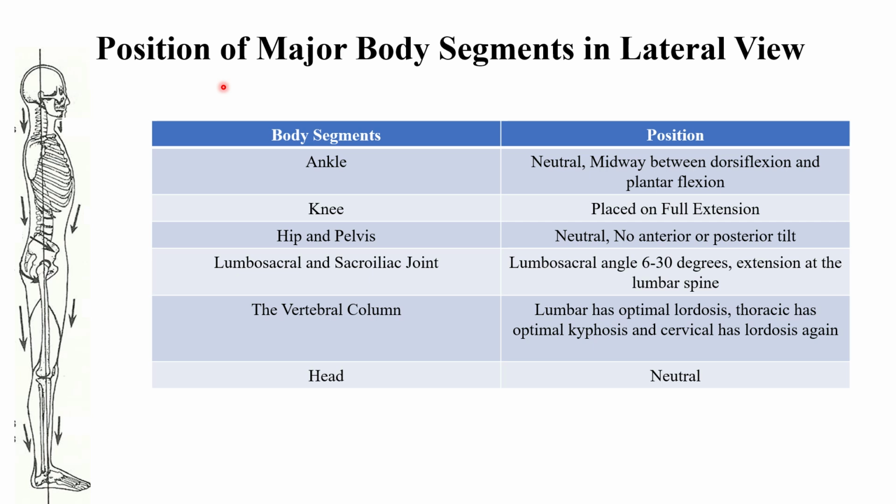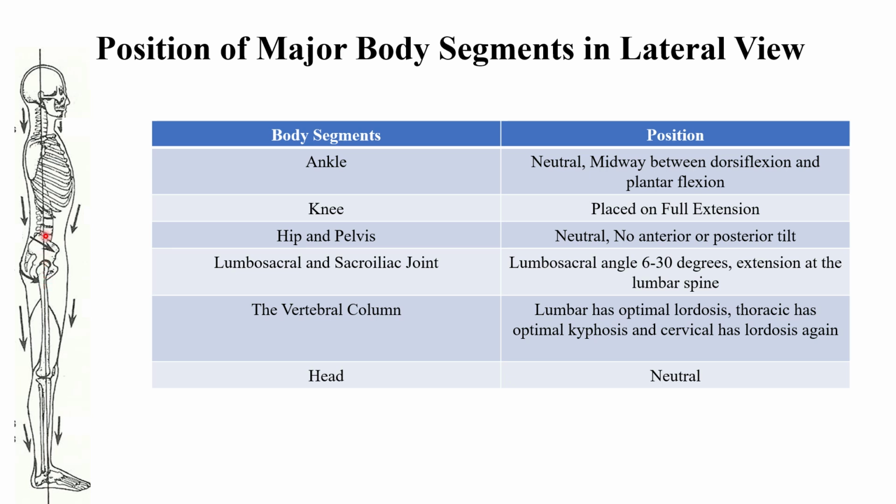Whenever we are assessing the position of the major body segments in the lateral standing view, we need to see that the ankle is in neutral position, that is, midway between dorsiflexion and plantar flexion. The knee is placed more or less in complete extension. The hip is neutral and usually there are no anterior and posterior tilts. This is an ideal posture, but there is some amount of anterior tilt that is normally present in humans.